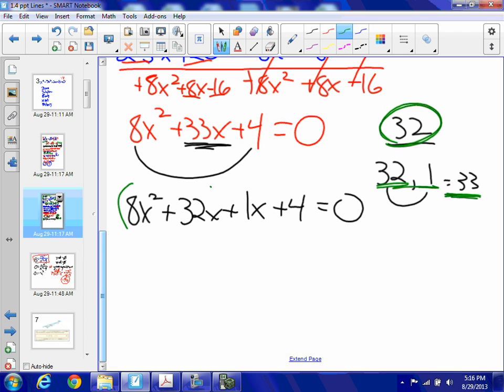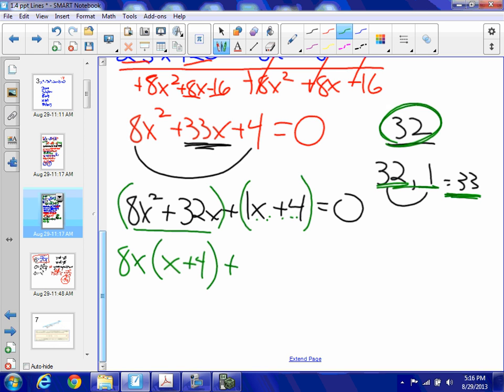I'm going to group these two terms, leave the plus, and I have 1x plus 4. Well, I'm going to take this term right here, and I'm going to factor out 8x. Well, okay, that leaves me with x plus 4. That looks pretty good because that's what I have right over here. So 8x times x plus 4 plus, let's call this 1 times x plus 4.